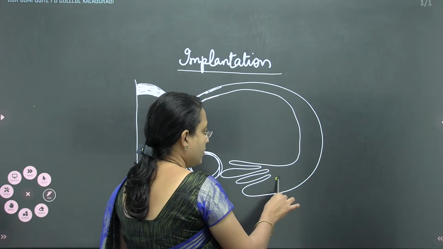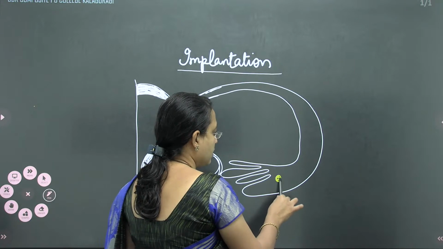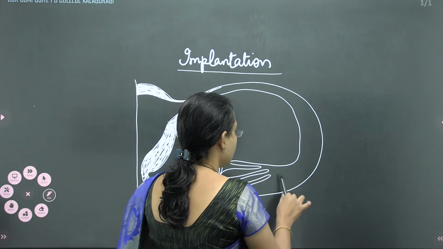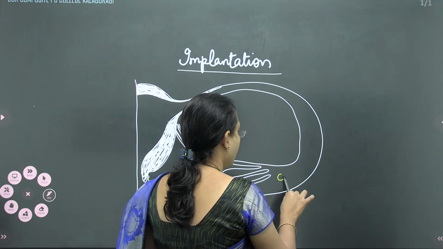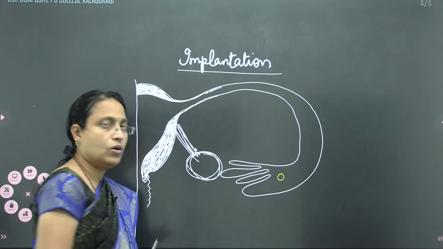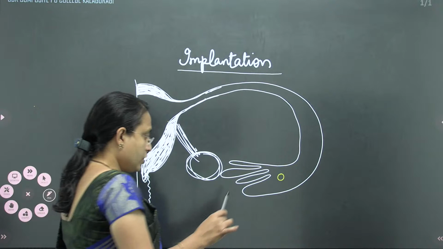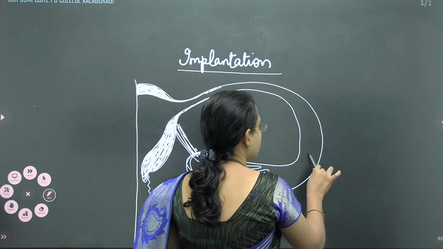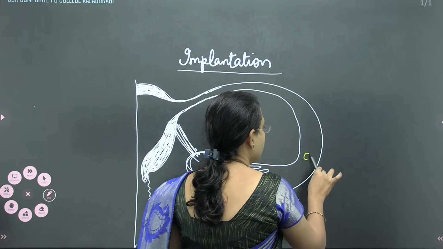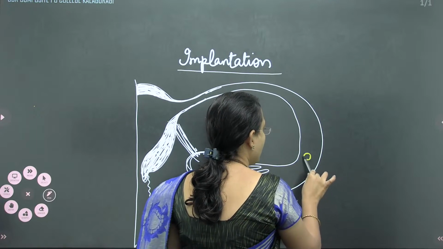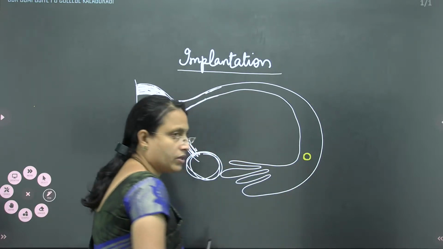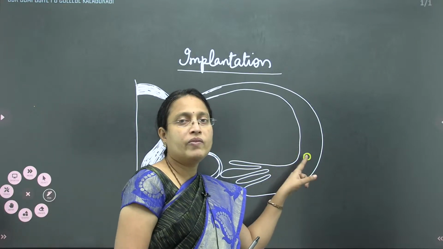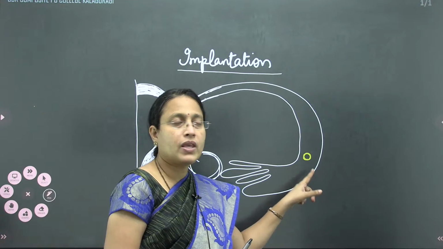Now consider this is the ovum. The ovum is going to reach the ampullary region, which is actually the widest part. This part is called the ampullary region of the fallopian tube. Here the ovum will be fertilized with a sperm.